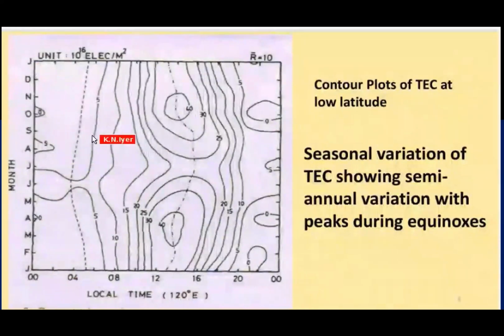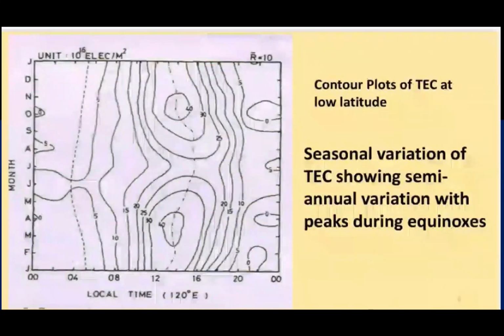These are called contour plots. That means the points in this grid having equal values of the total electron content are joined together. For example, all along this circle, the electron content value is 40. All along this line, it is 30, and so on.